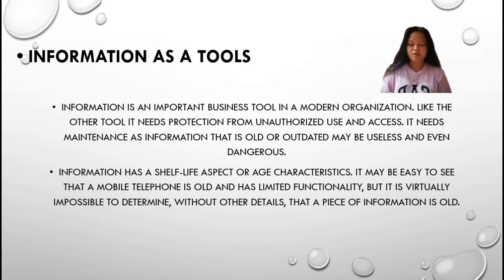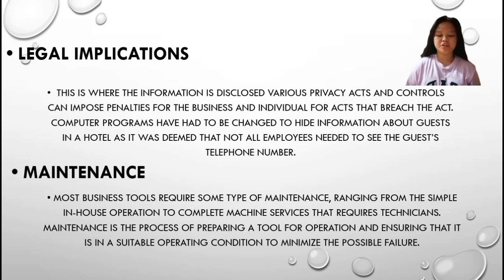It may be easy to see that a telephone is old and has limited functionality, but it is virtually impossible to determine, without any other details, that a piece of information is old. Applications. This is where the information is disclosed.